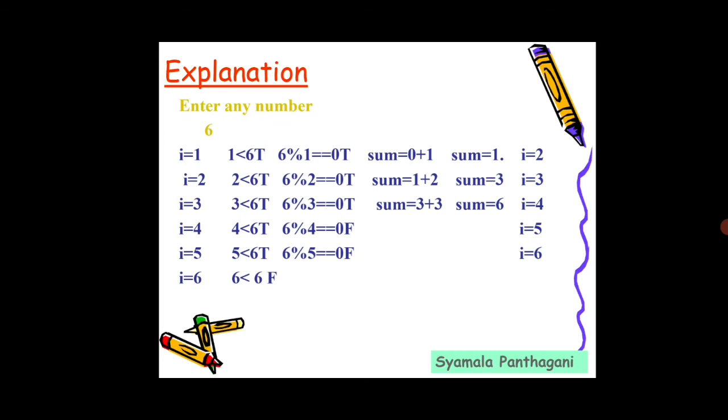When it comes out of the for loop, what is the final value of sum? 6. Now, here we have one conditional statement, that is n is equal to sum. The given value n is 6, is equal to sum. The final value of sum is 6. 6 is equal to 6 is true. That's why it prints 6 is a perfect number.